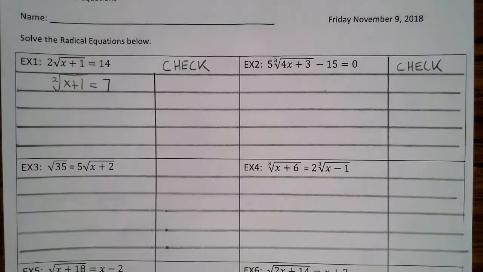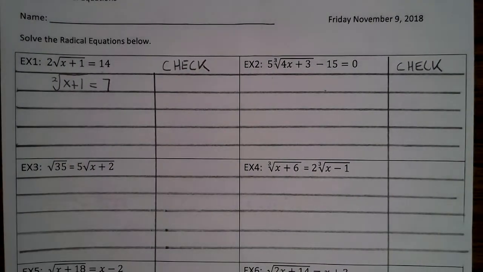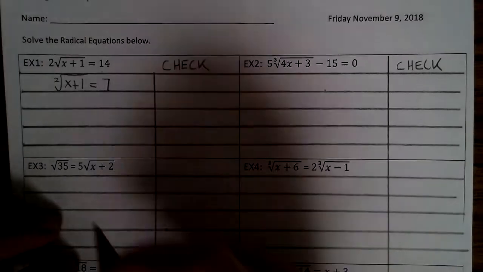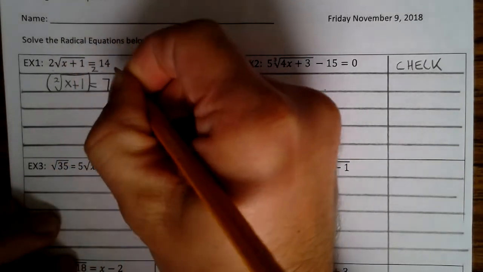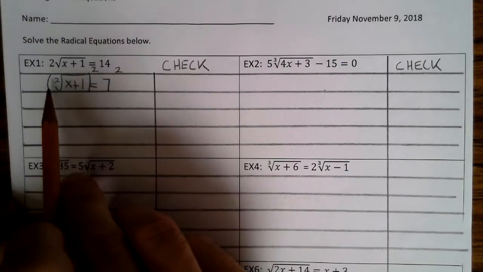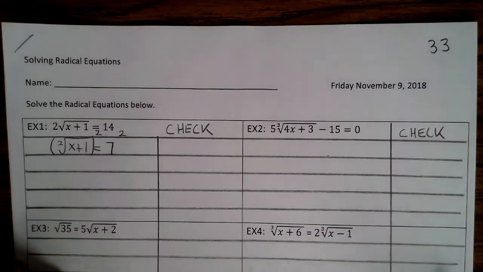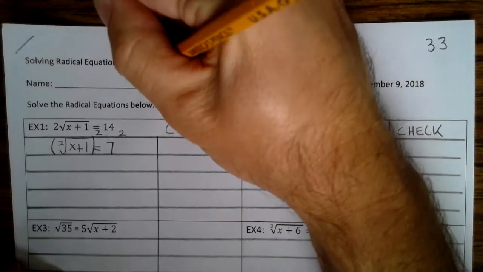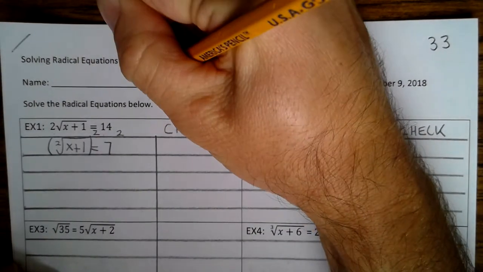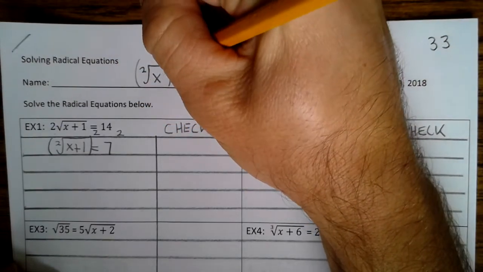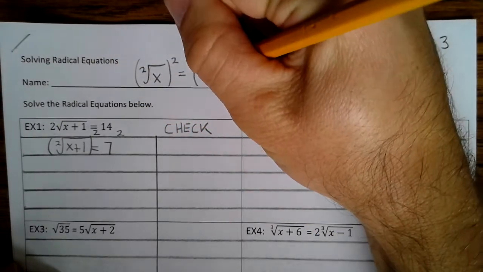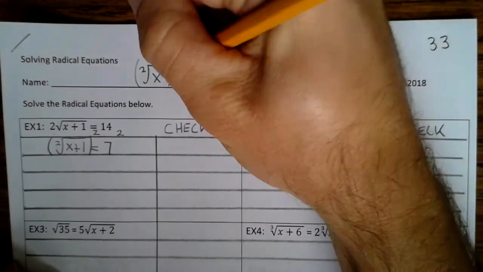Now, next step is we need to raise each side to the index, so raise each to the second power. What happens here, and I think we talked about it in the previous lesson, but I'll go over it. If you had the square root of x squared, the square root can be rewritten as x to the 1/2 power, because this is 1 squared.